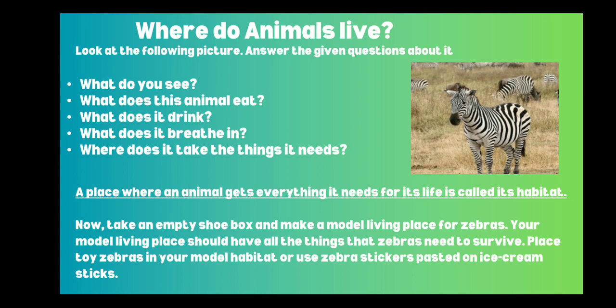Survive means need to live. Place toy zebras in your model habitat or use zebra stickers pasted on ice cream sticks. So this is how you will be able to make a model living place for zebras where there is grass and water and plenty of air to breathe in.